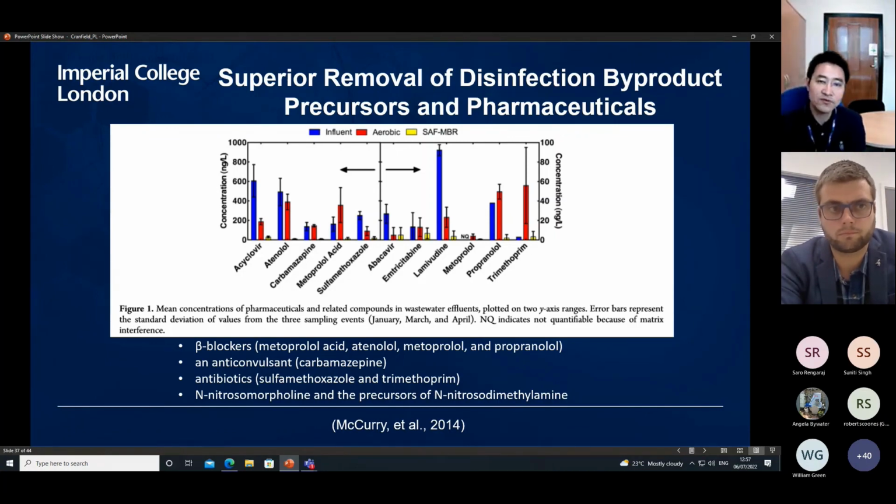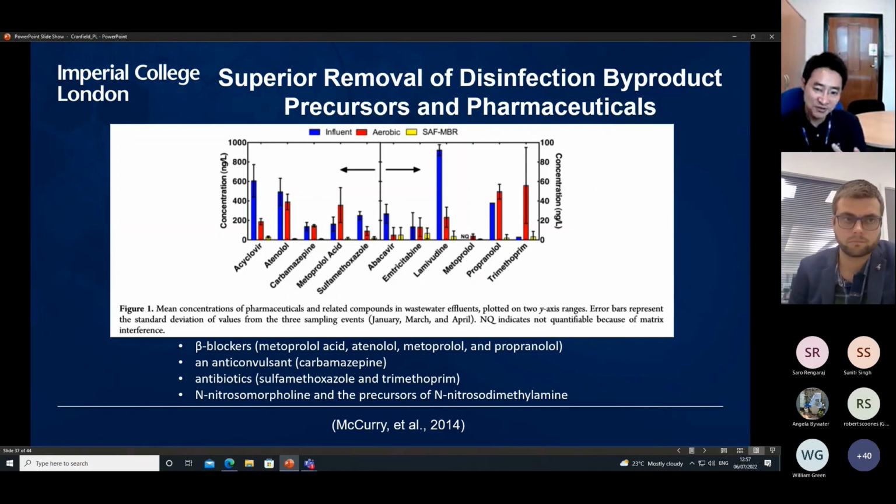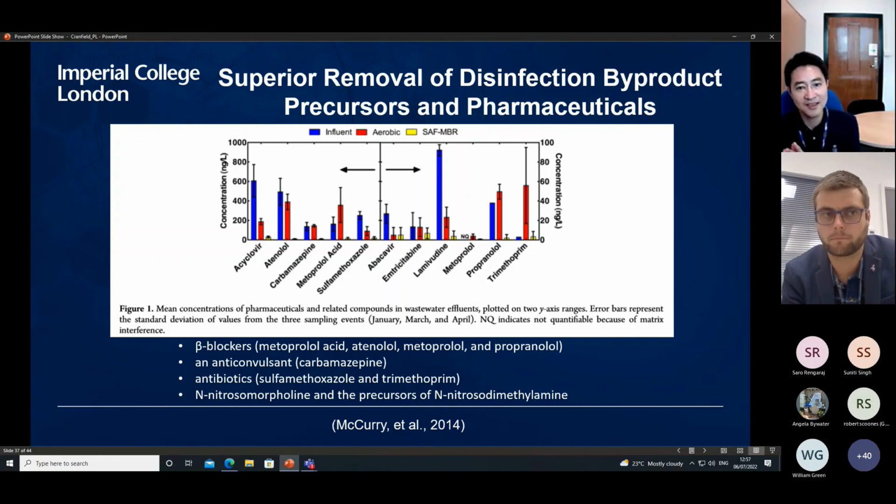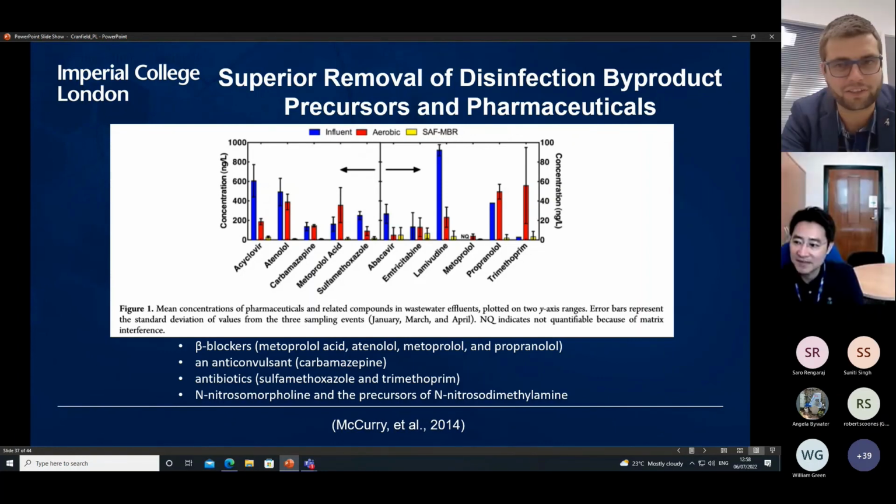You remove it, of course, but you create another problem with resistant genes, so we're still doing that as well. I'm sure this is quite robust and they can remove those, but you create antibiotic resistant genes. That can be another challenge. So we are looking more at the resistant genes as well, not only the biological removal of those pharmaceuticals. I guess it's a small price to pay if you get effective biological removal, so you're not discharging to the environment.